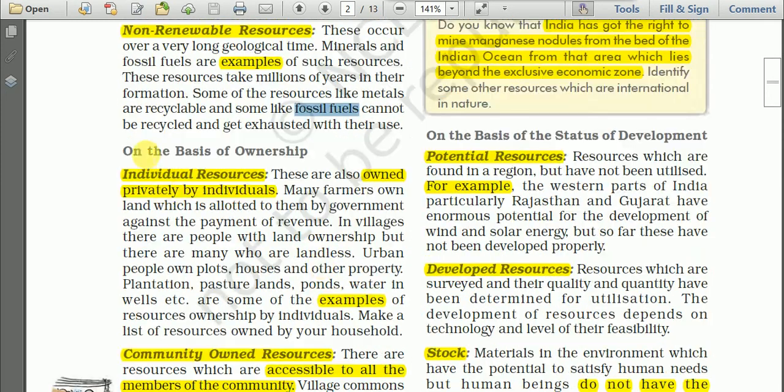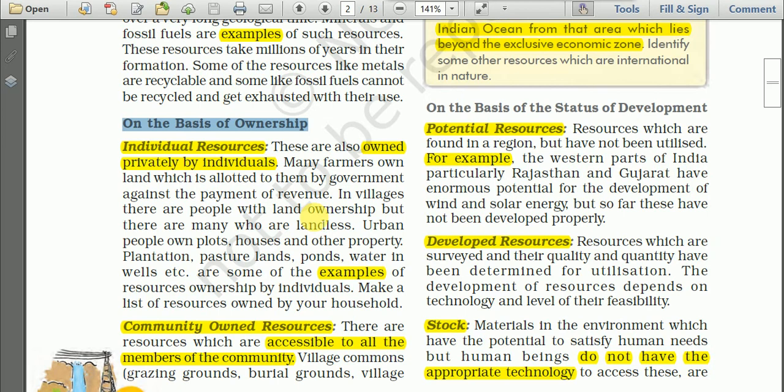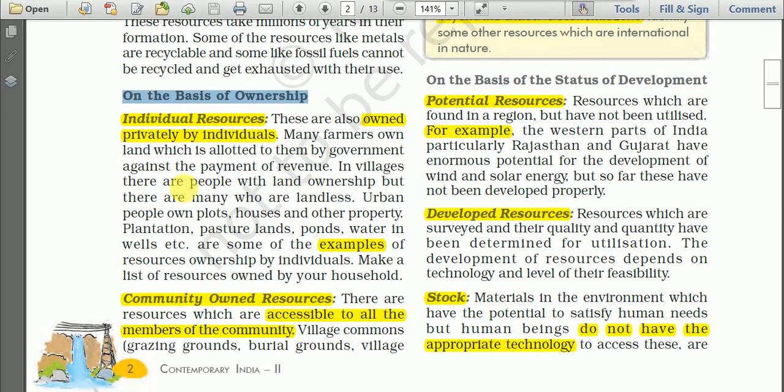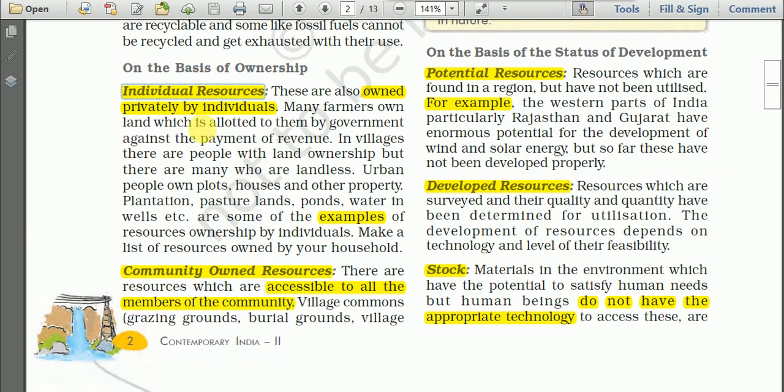Next, we have resources on the basis of ownership. On the basis of ownership, we have four types of resources. The first one is individual resources. These are the resources owned privately by individuals.